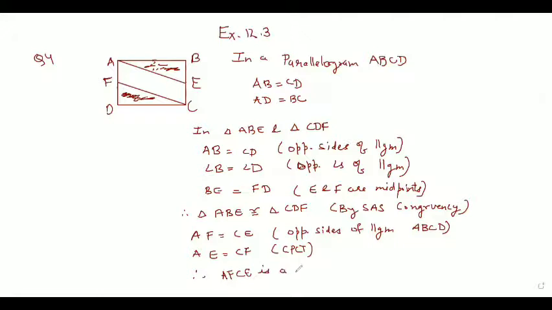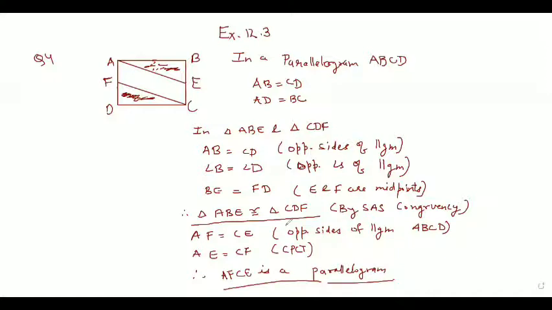is a parallelogram. So what did we have to prove? We had to prove AFCE is a parallelogram, which we have proved here. And we have to prove triangle ABE is congruent to triangle CDF, which we have proved here. Hope the question is quite clear.